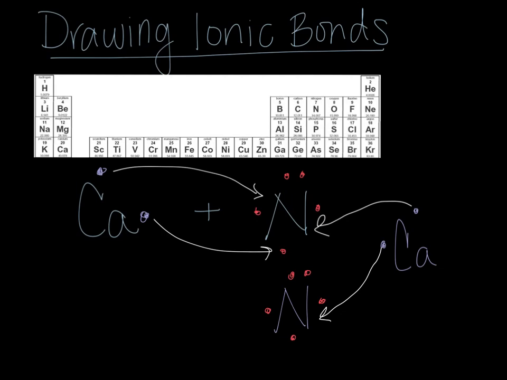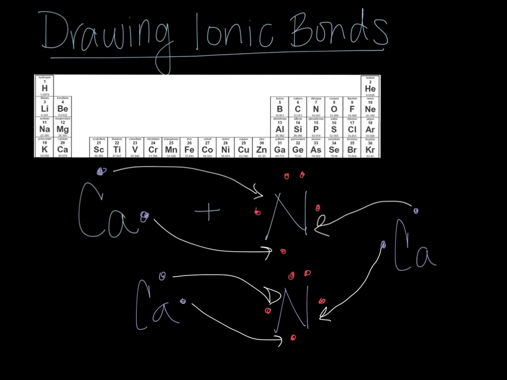Okay, so now again I have a situation. I have all of my electrons on this calcium taken care of. This nitrogen's happy, this calcium's happy, but this nitrogen, you can see I still have 2 spaces. So I have to draw another calcium. So here we go. Calcium here, again, 2 electrons, and I'm going to transfer them over.